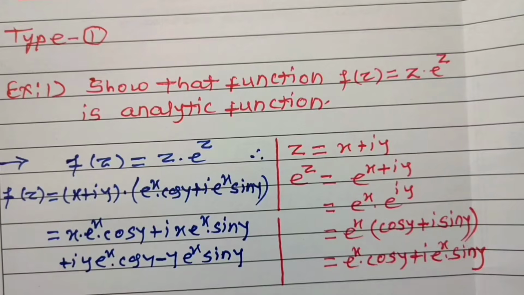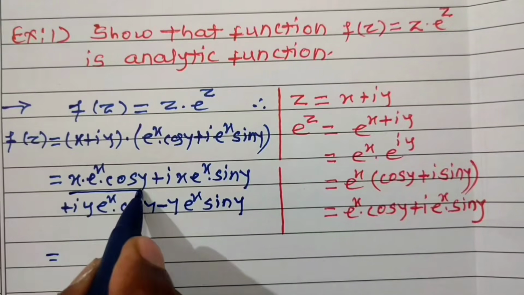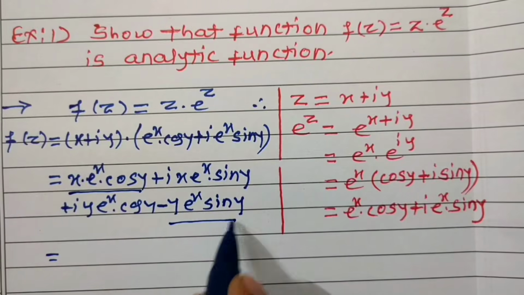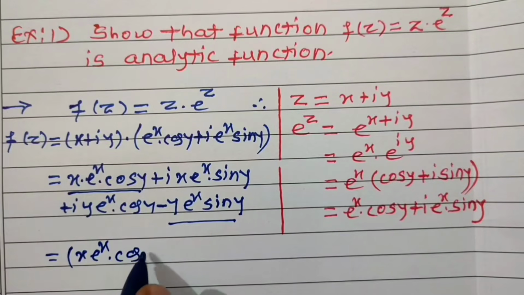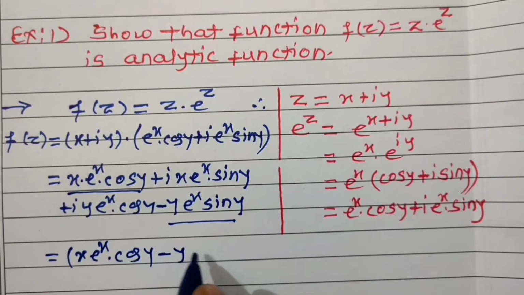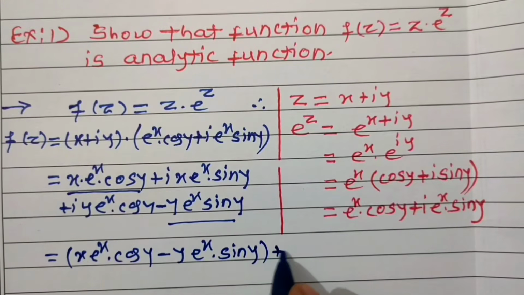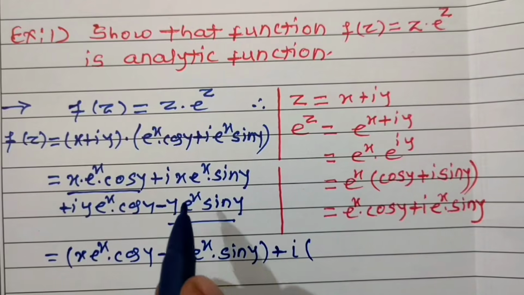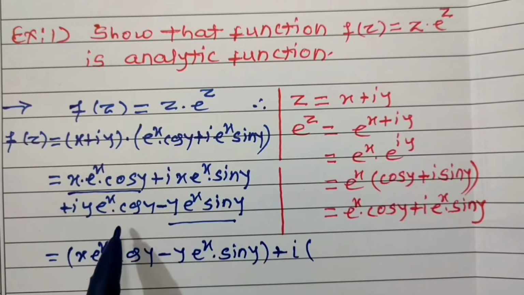Now collect the real part separately and the imaginary part separately on the right hand side. So this can be written as, real part is the first term and last term. Collecting these two terms, x into e to the power x into cos y minus y into e to the power x into sin y, plus i taken common, and then we have to collect imaginary terms, second and third term.